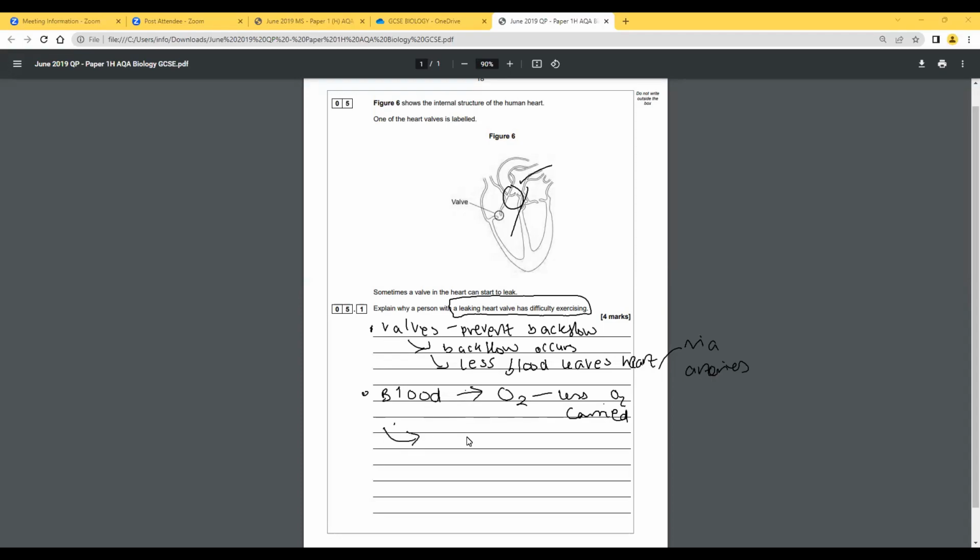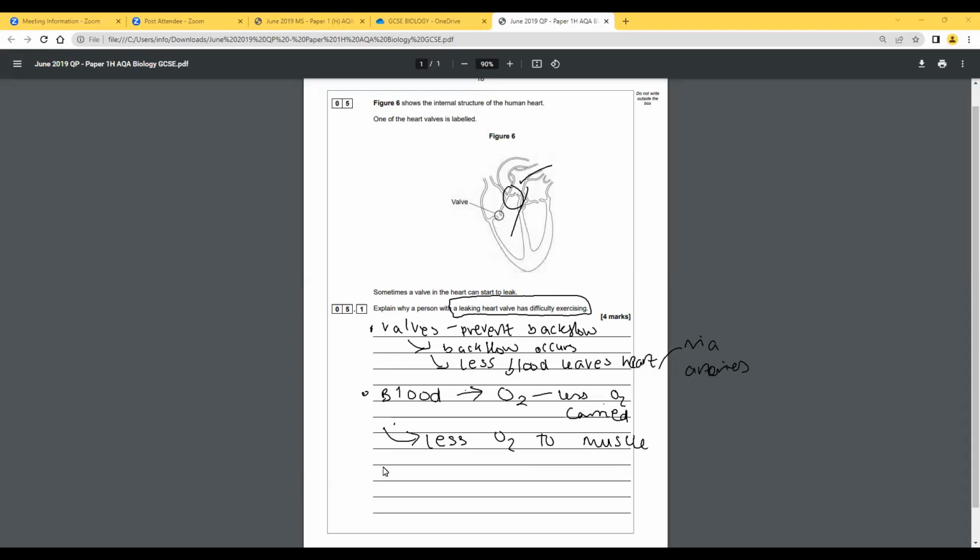So that means, first of all, less oxygen is supplied to the muscle cells, specifically muscle cells, because we're talking about exercising here. If this was something else, we'd be talking about some other type of cell, but this is to do with exercising. So we're going to be talking about muscles.